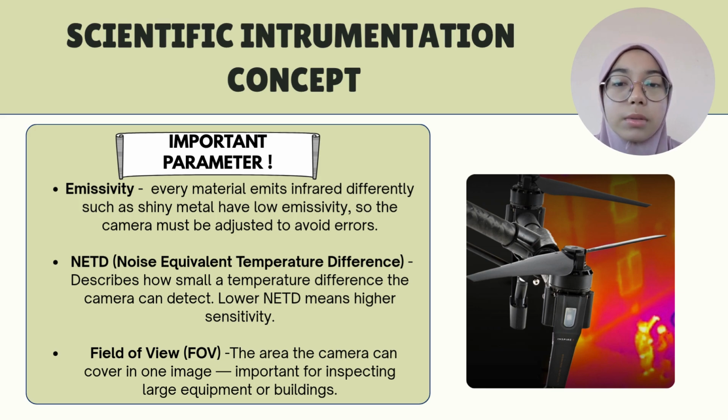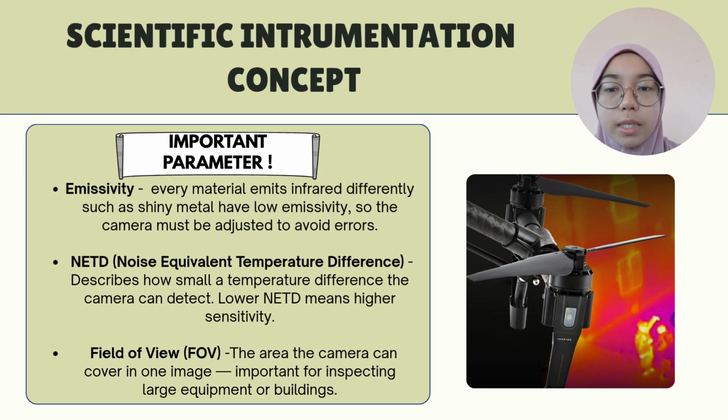Next, we must know that there are important parameters in the scientific instrumentation concept of infrared thermography. The first one is emissivity. Every material emits infrared differently, such as shiny metal, which has low emissivity. So the camera must be adjusted to avoid errors.